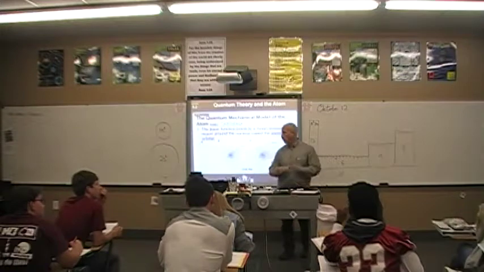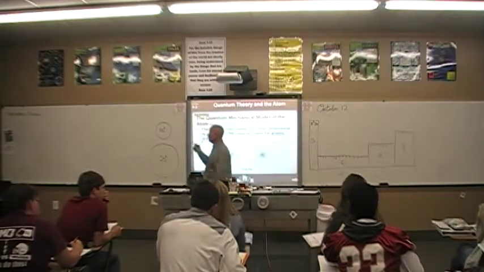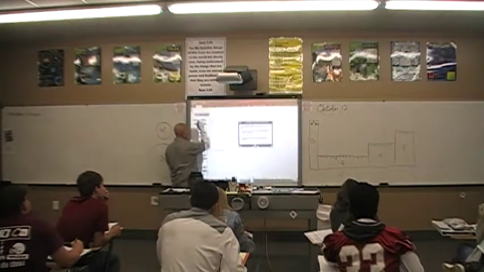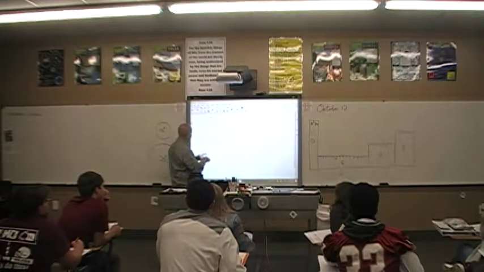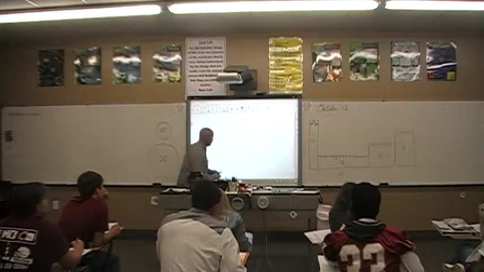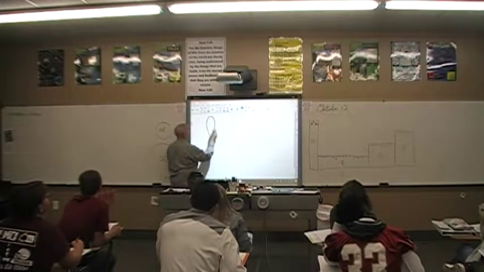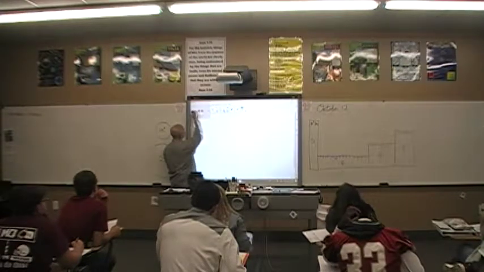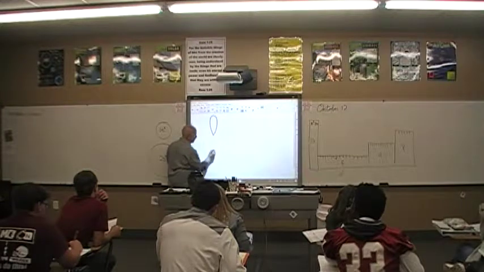Okay, so let me draw you a p orbital. P orbitals look like this, and they're similar to the one you saw in the video. Let me switch to black. P orbitals are sort of shaped like the ones we saw in the video yesterday.